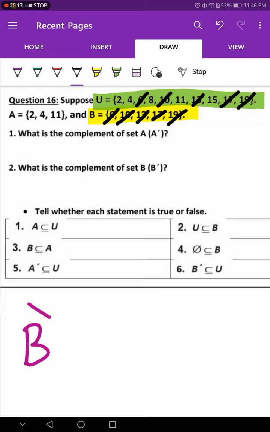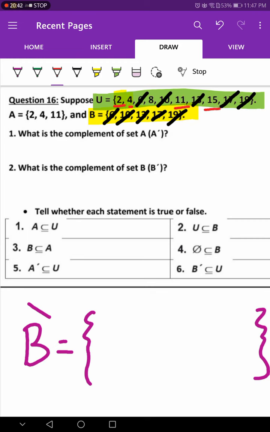I'm done. So the rest of the elements are the B complement. I will draw the braces here and write 2, 4, 11, 15.